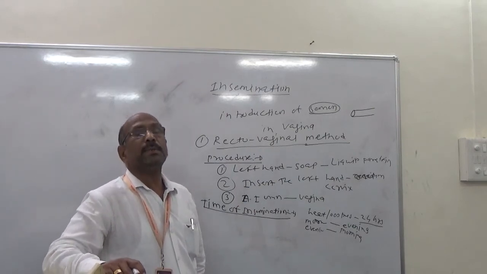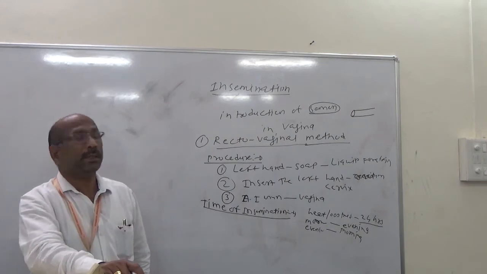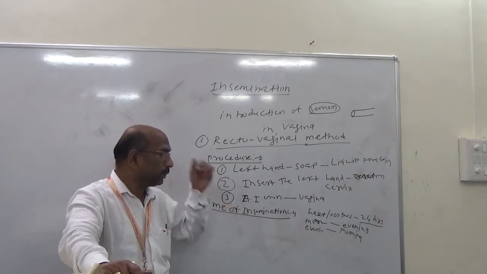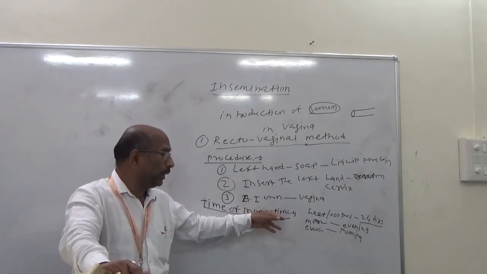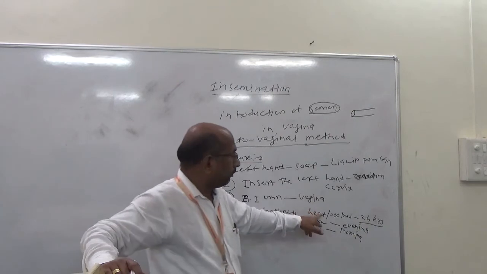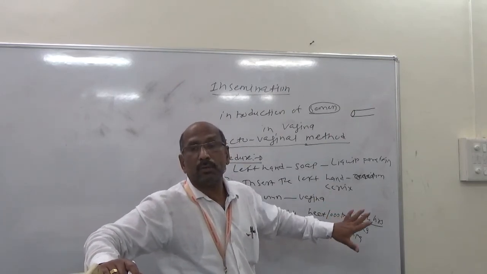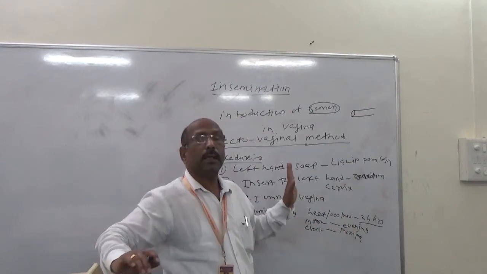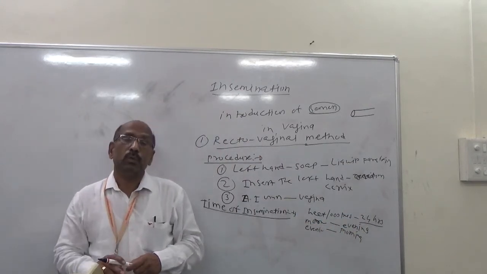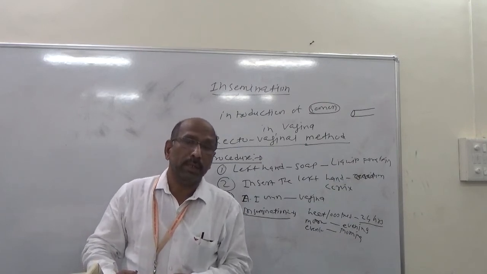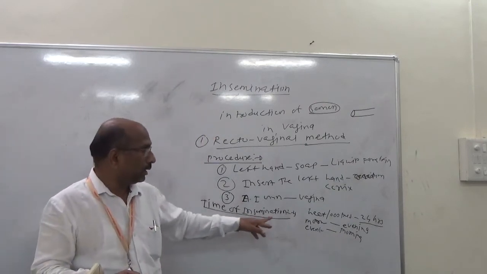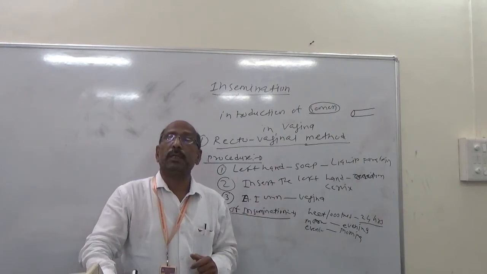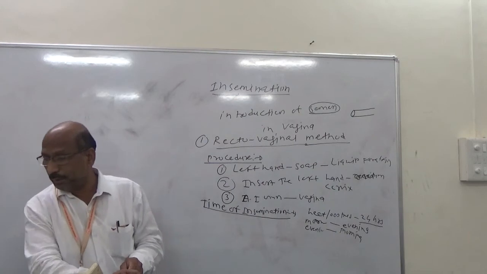Cows are inseminated in the mid time of the estrus period. The most important point is that the cervix opens only at the time of heat or estrus. Otherwise, the cervix is tightly closed.